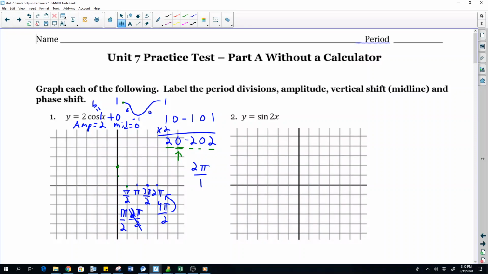So that's 2, 0, and then we'll go down as far as negative 2, good. And that's for pi, and the next dots will be back to 0, and then up to 2. And so don't forget that our graph does carry on with lots of waves, but this is just doing one cycle of our graph. You can do arrows if you want to, you don't have to, but that's just one cycle of our cosine graph.